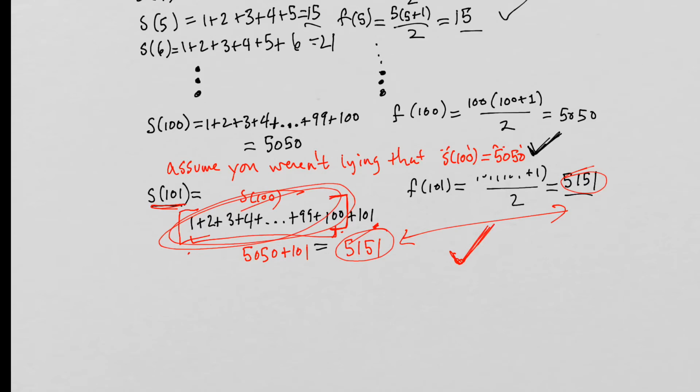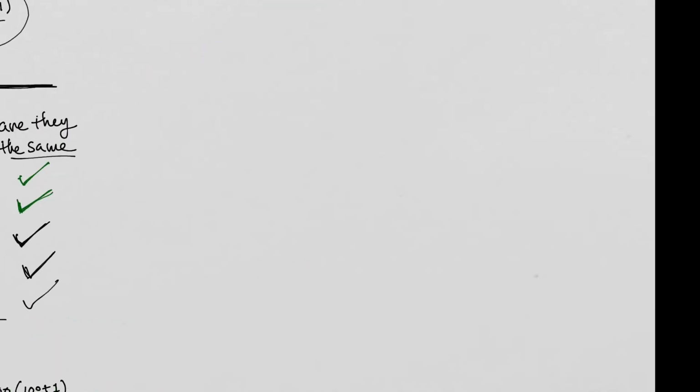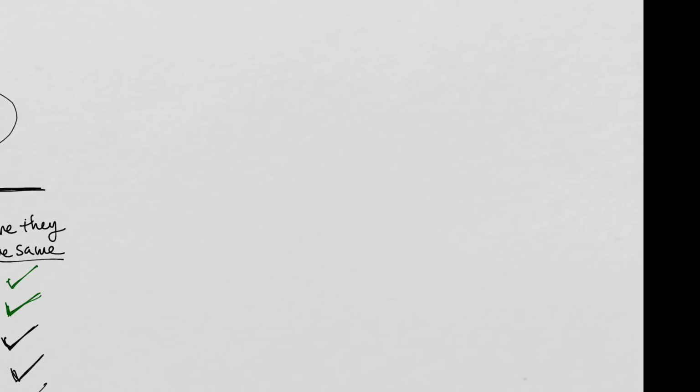But here we're still using actual values that we calculated. Like I calculated this side for you, right? And you were using that value. Let's take this even a step further. Okay, so let me move up here. Let's say I've calculated it all the way to S of 1,000. And I tell you, I promise, S of 1,000 equals F of 1,000.